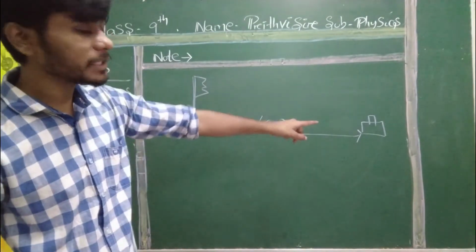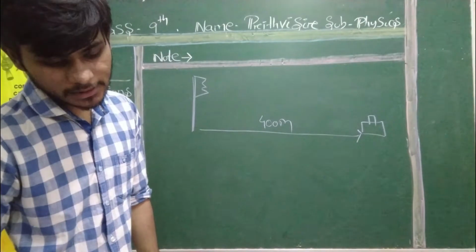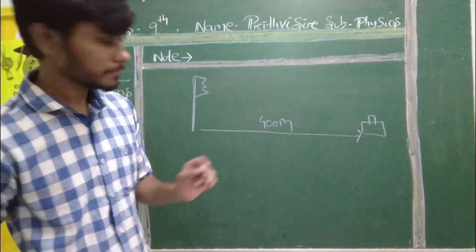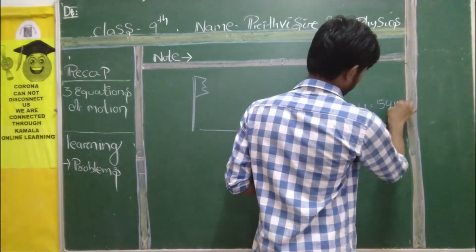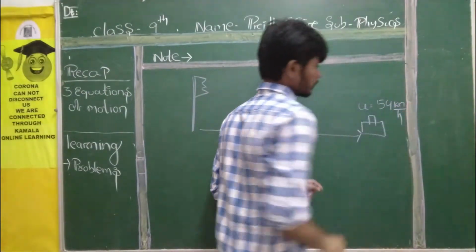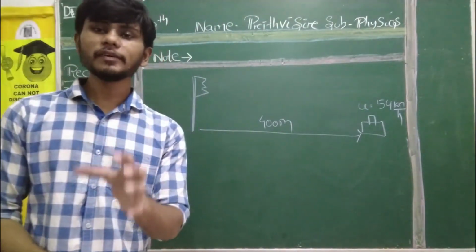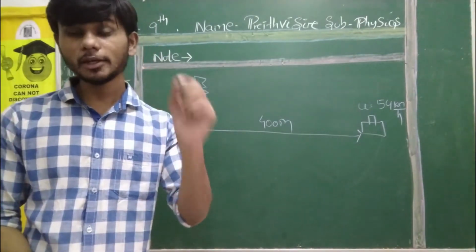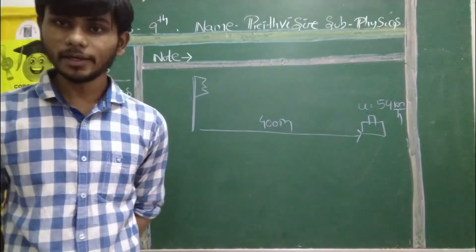And what was its speed or its initial velocity? It is saying its initial velocity u is equal to 54 km per hour. So its initial velocity u is equal to how much, students? 54 km per hour. Remember, 54 km per hour. We need to convert into meter, then we can find out the answer.